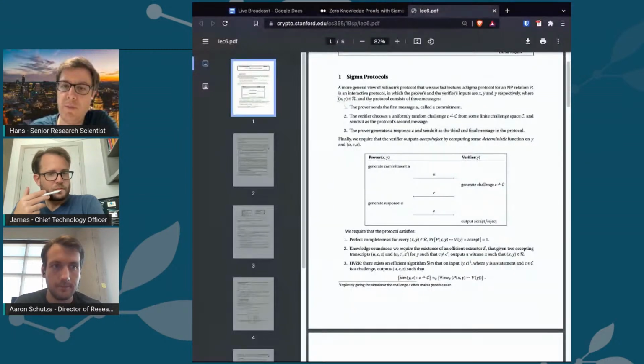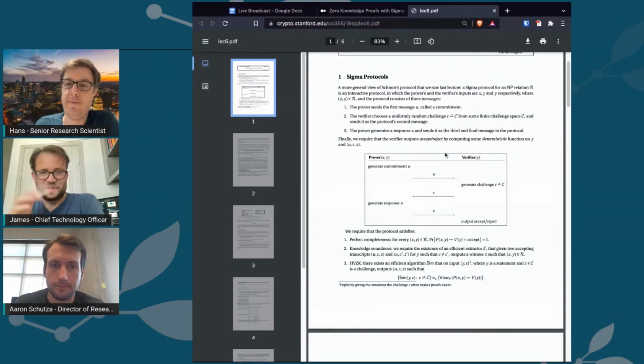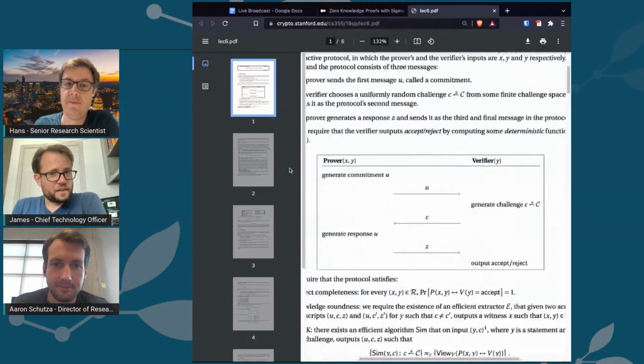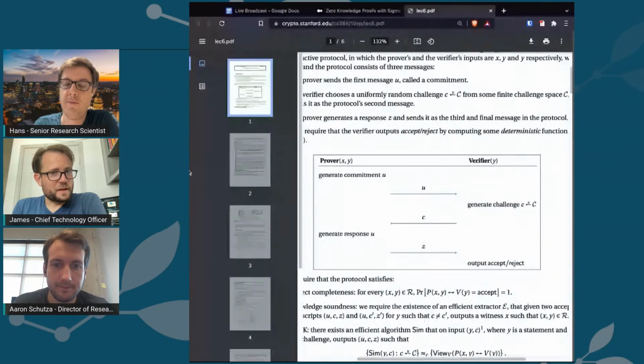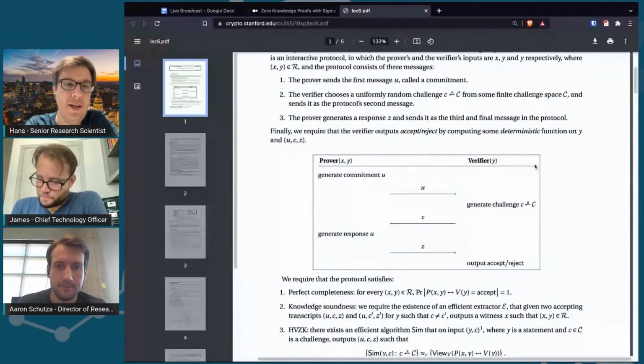So x and y are in R. This is too small for me to see. Sorry, let me zoom in then. Is that better? Well, it's okay. I can pull it up on mine.